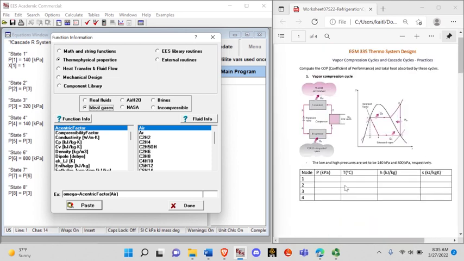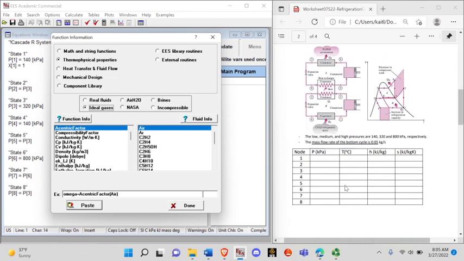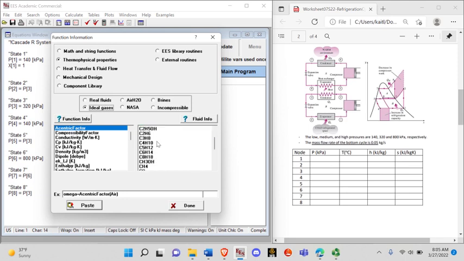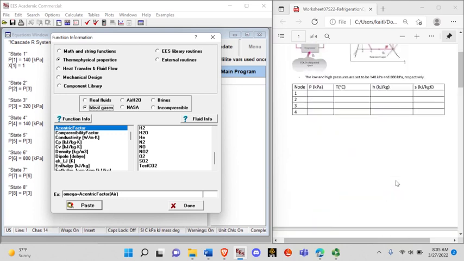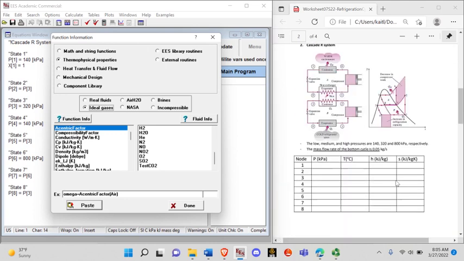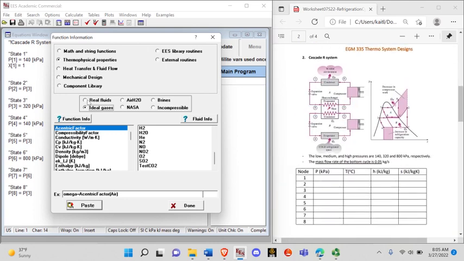I'm going to assume mass flow rate. Alright, so the problem description doesn't give a working fluid, so I'm just going to do real fluid.